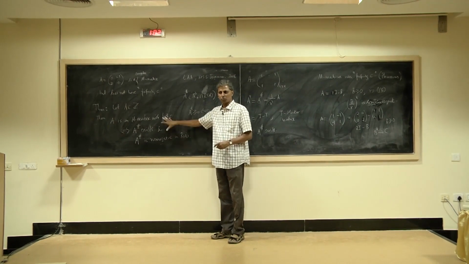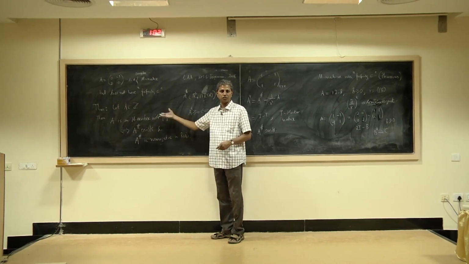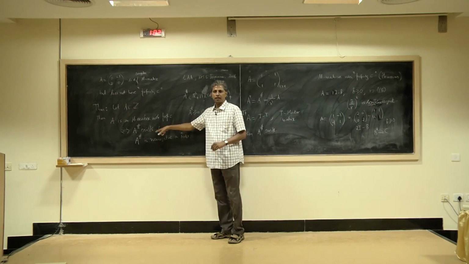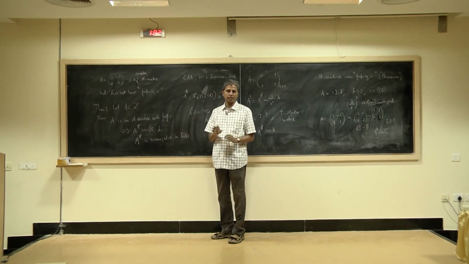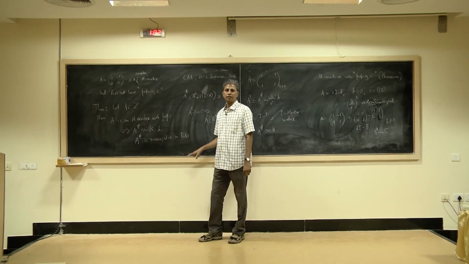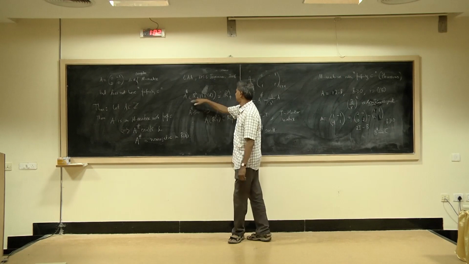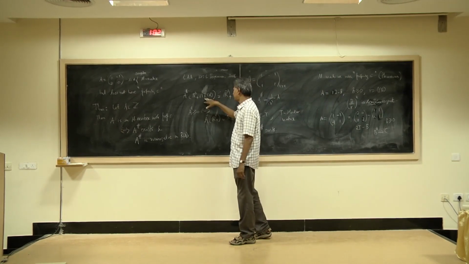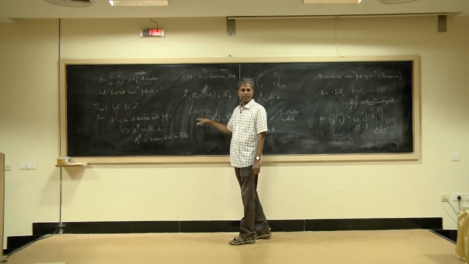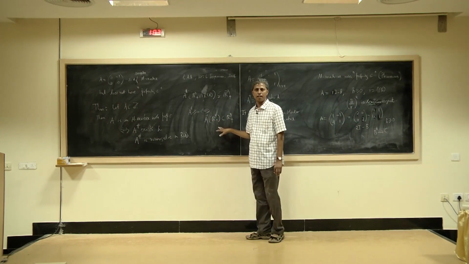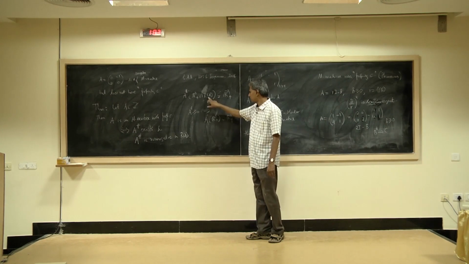Group inverse seems to be the appropriate extension for an M matrix with property C. So the group inverse exists, and it is not non-negative, but it is non-negative on a subspace. That subspace is given by the range of A. You must compare this with the meaning of A inverse non-negative. So this is more general than that.